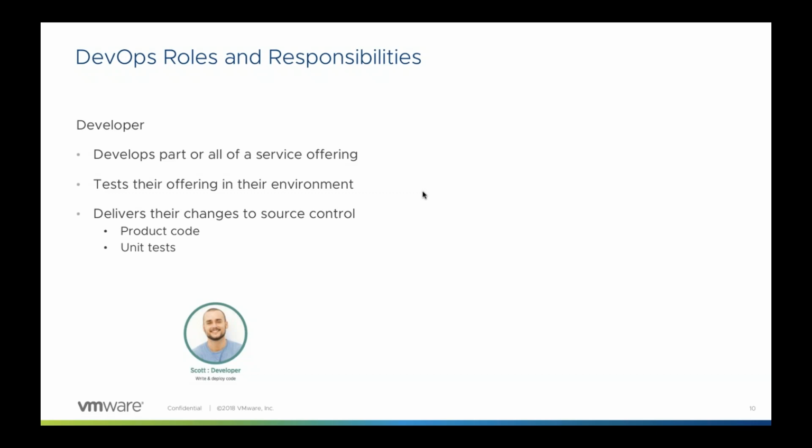We've seen people who are very functional. We enable both models. Ultimately, they need to test their offering in their environment. They need to deliver their changes to source control, whether they're developing a blueprint or a vRO workflow, it's product code. It needs to be kept to a high standard, and so they'll build tests around that.